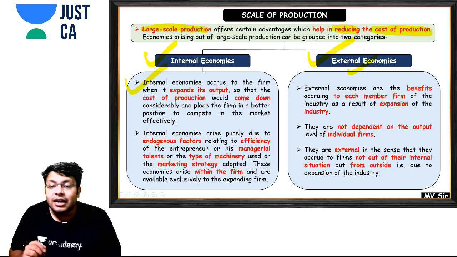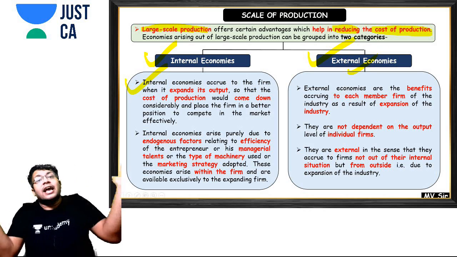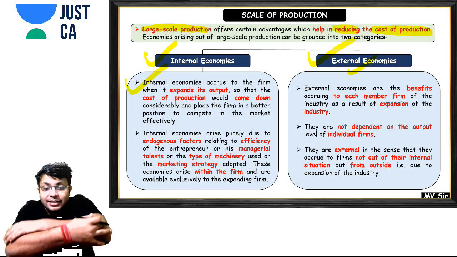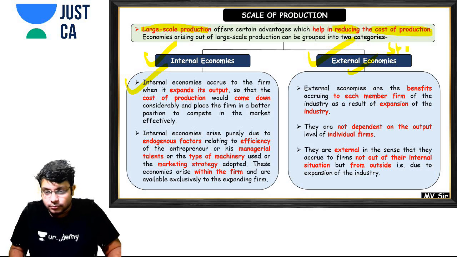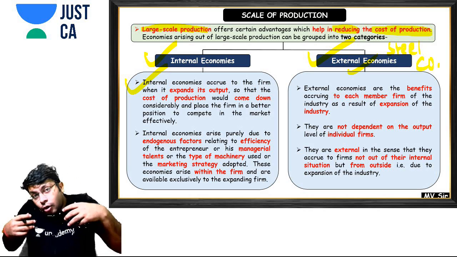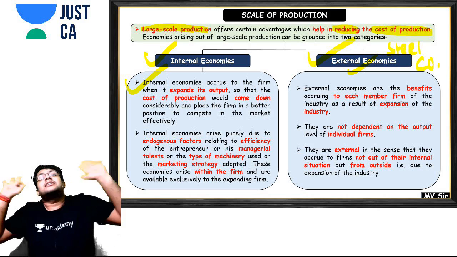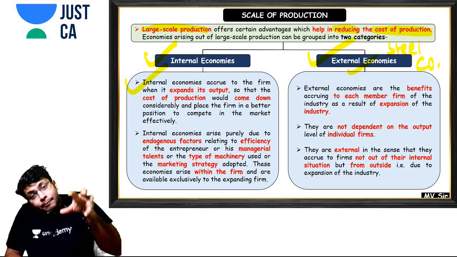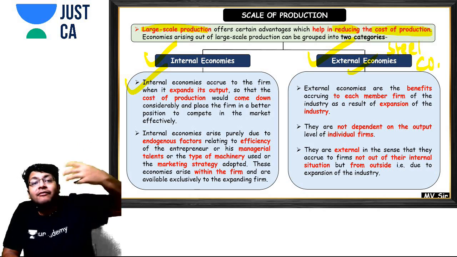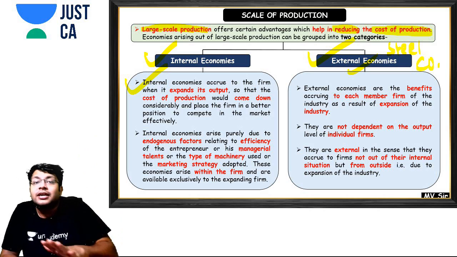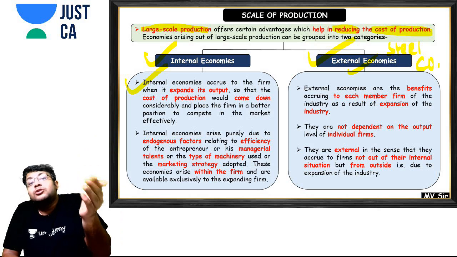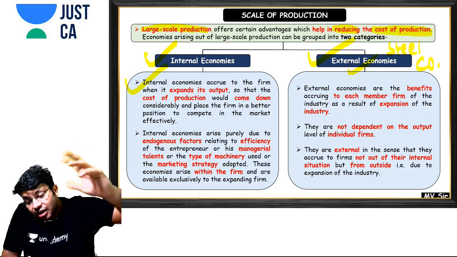And what is external economies? When the whole industry expands, for example, if I am a steel company, if the whole steel industry expands, and because of that I am getting an advantage on cost, because of the expansion of the industry, my cost is also decreasing. Those economies would be called external economies.